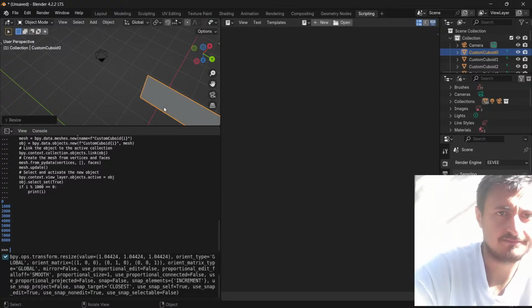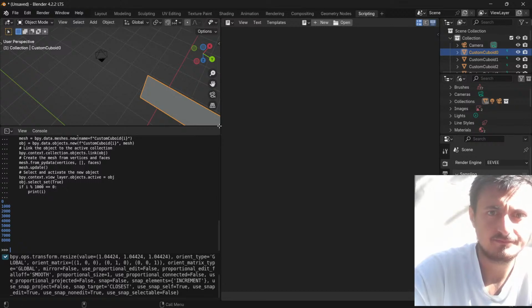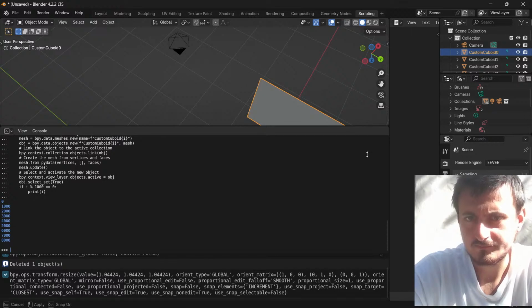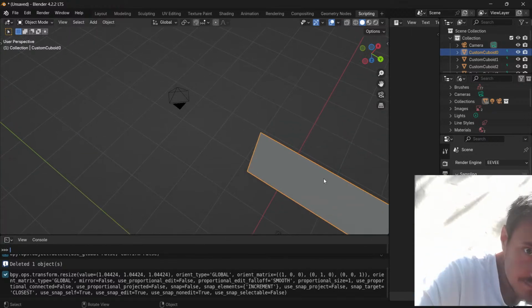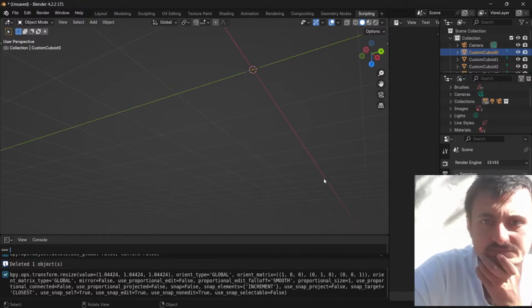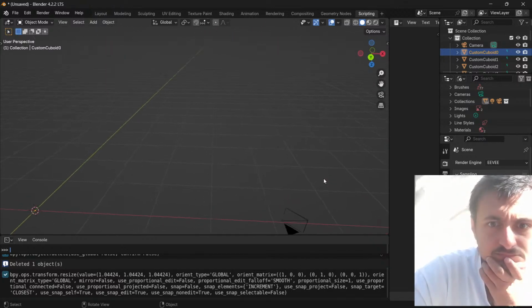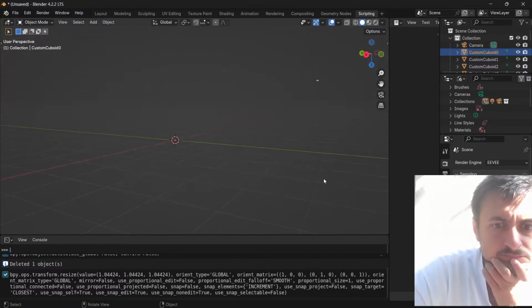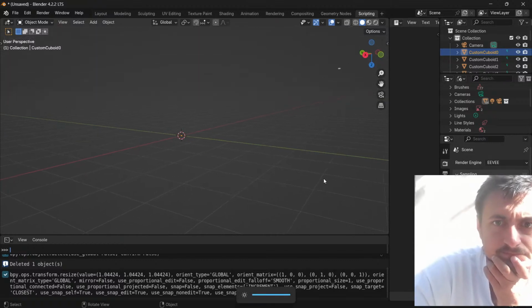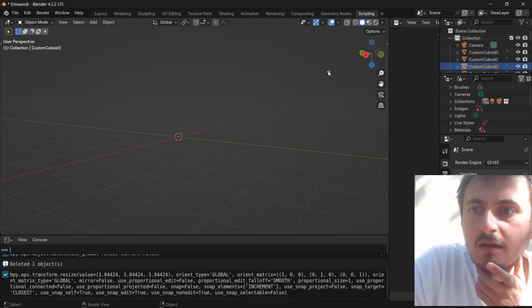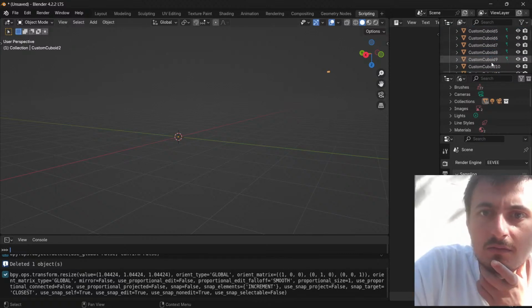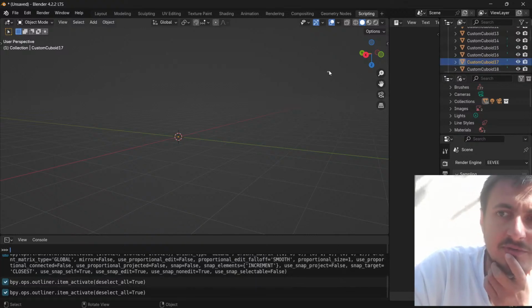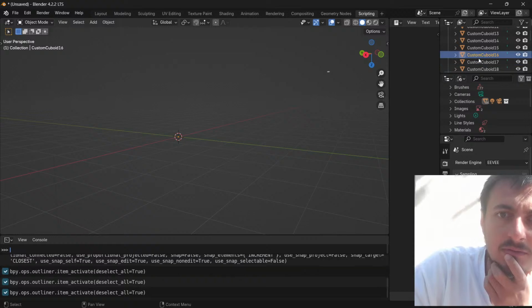That doesn't look right. That's it? Wait, what's that? Wait, why are they all over the place? Wait, maybe that's the real one.